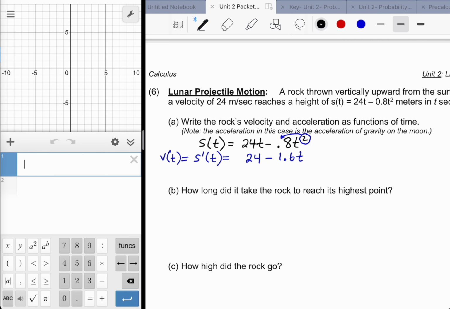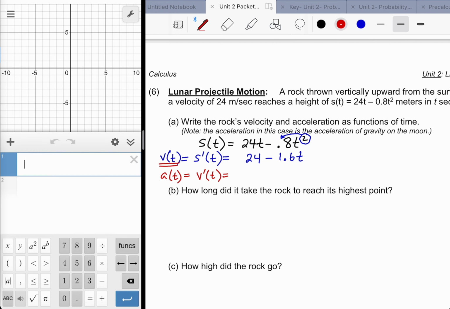Our acceleration function, a of t, would be the second derivative of the position function. That's true, but it could also be considered the first derivative of my velocity function. So whatever I got for velocity, I would take the derivative of that again. The derivative of 24 is 0. 24 is constant.